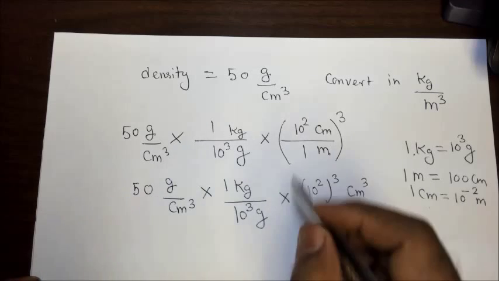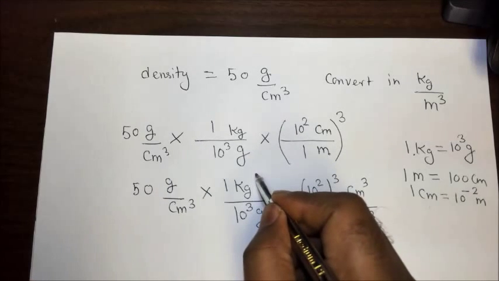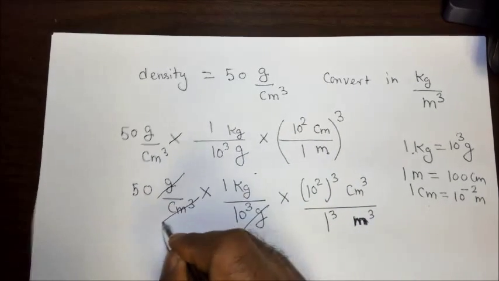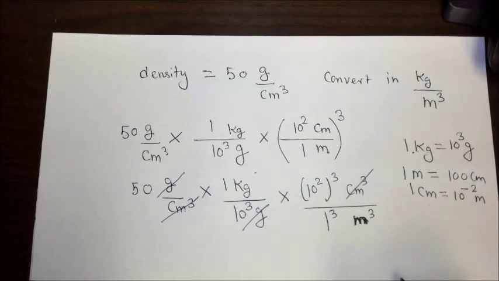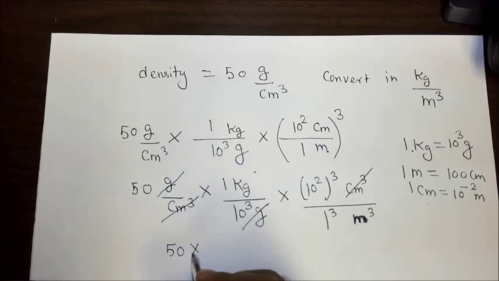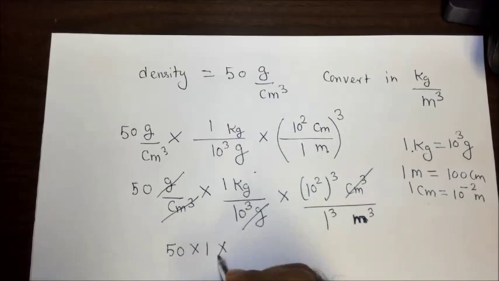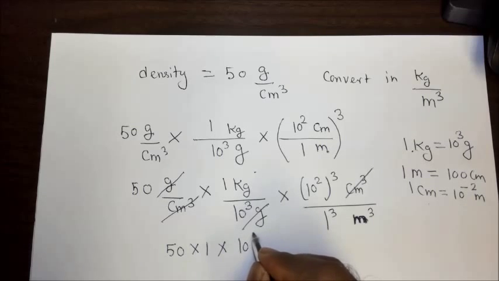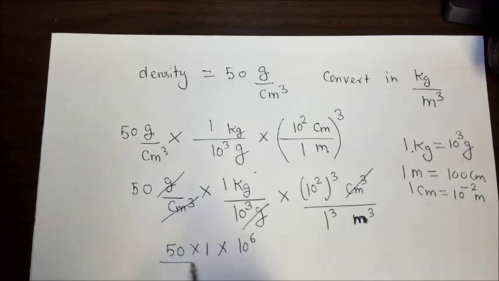Now let's see what happens. Gram and gram is cancelled out. Centimeter cube and centimeter cube is cancelled out. And what is left? Let's put the numbers at one place. 50 times 1 times 10 to the power 2 cube is 10 to the power 6, divided by 10 to the power 3 times 1 cube, and 1 cube is 1.